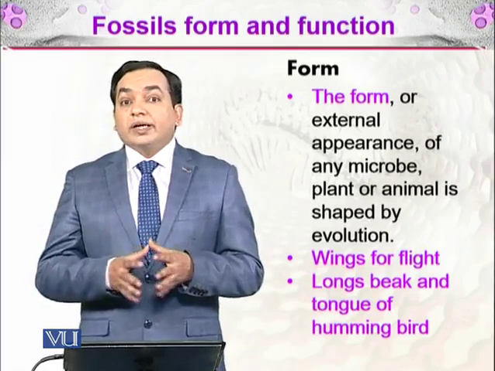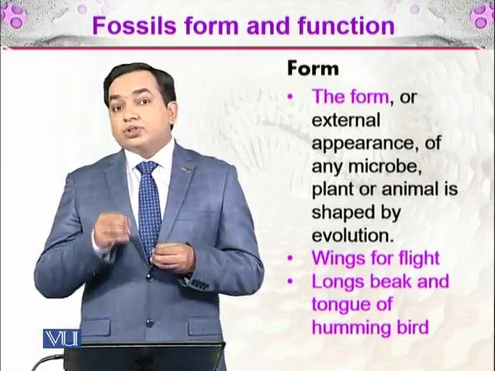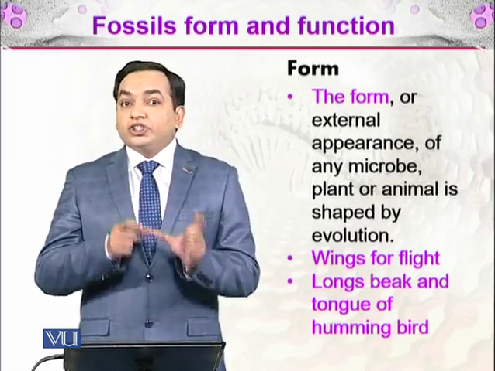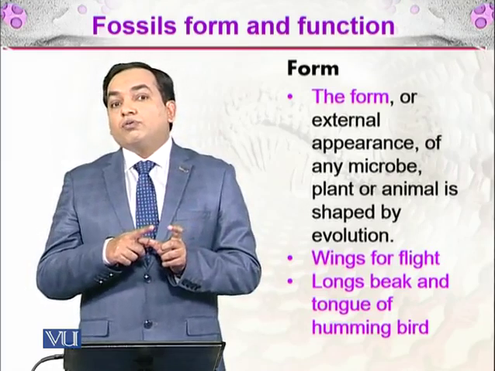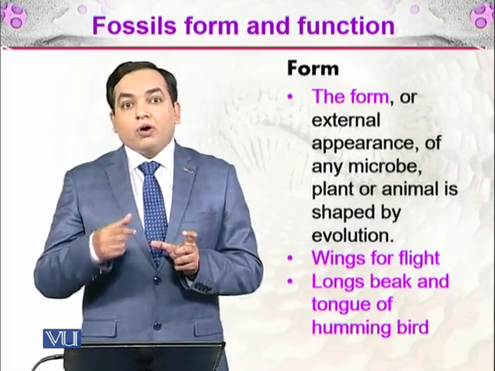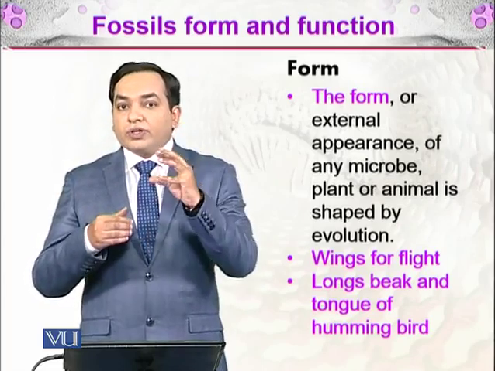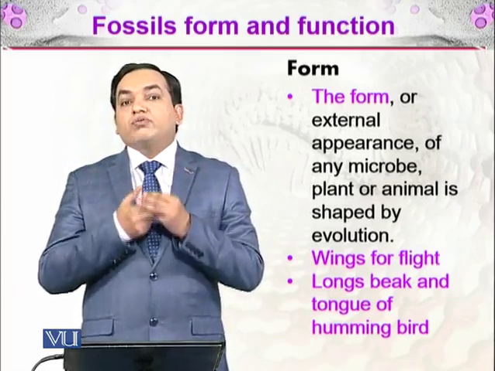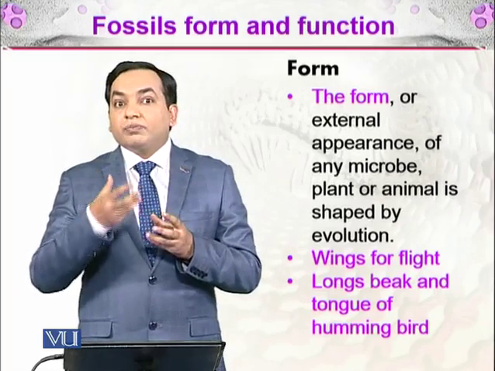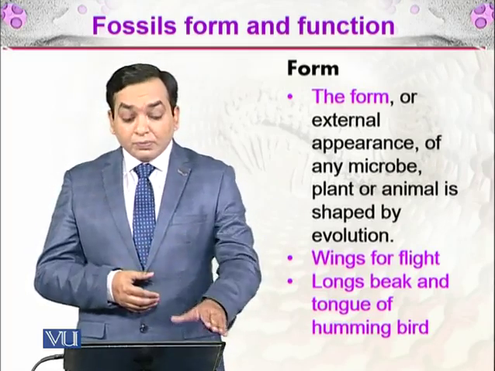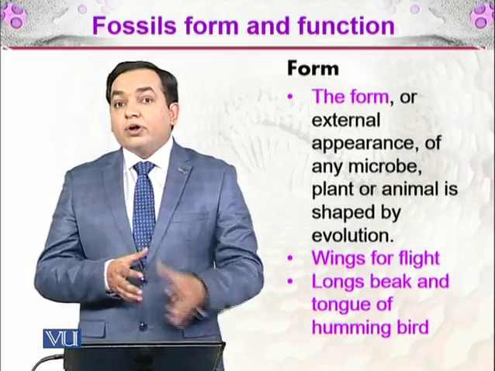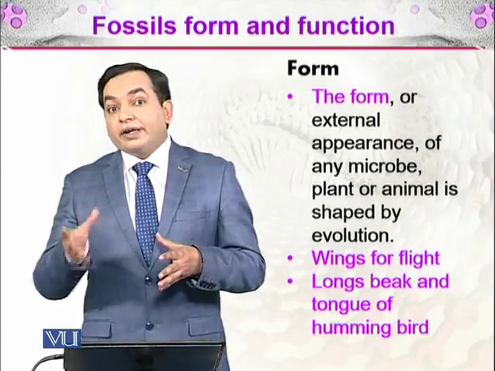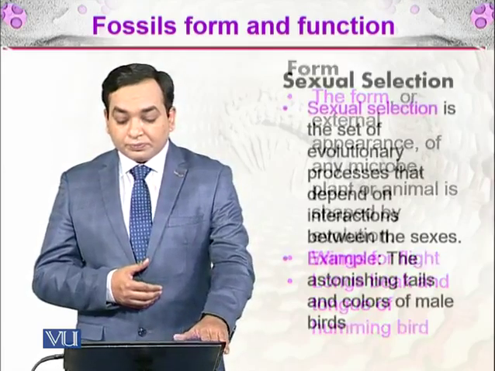And Darwin was clever enough to predict that certain flowers are present which fit the beak or the tongue of the hummingbird. So if there is a flower, the beak or the tongue will be going into that flower and sucking nectar out of it. And after Darwin's demise, we have discovered such flowers in the islands of Galapagos.